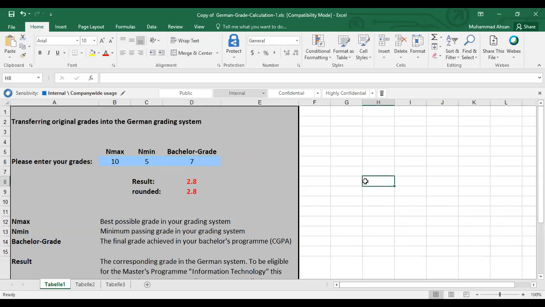Now 7 seems quite good, but it's again above 2.5, which means it's not qualifying for a university which is asking for 2.5 in the German grading system. Let's make it a bit better and change it to 8. Now it's much better. Let's make it 7.5. Now, if you are on 7.5, then you qualify for some university which is asking for 2.5.